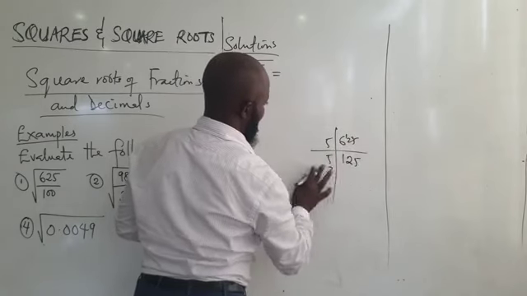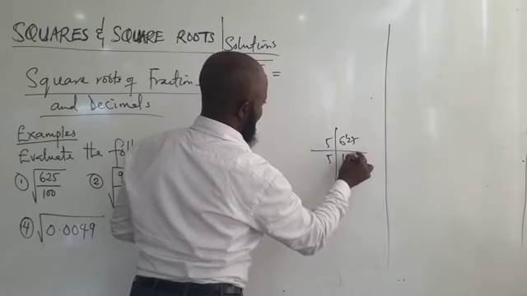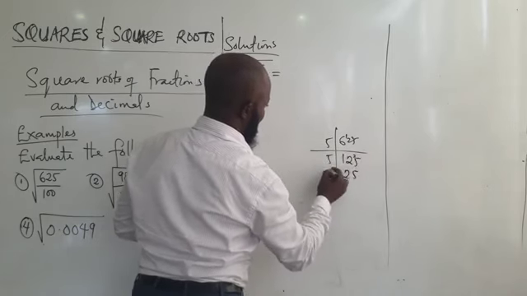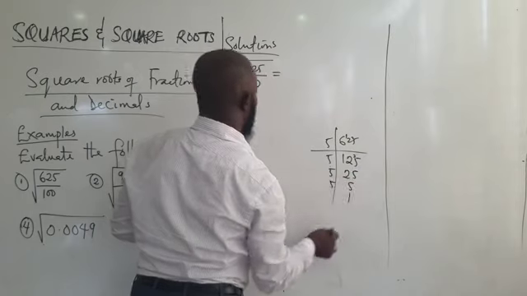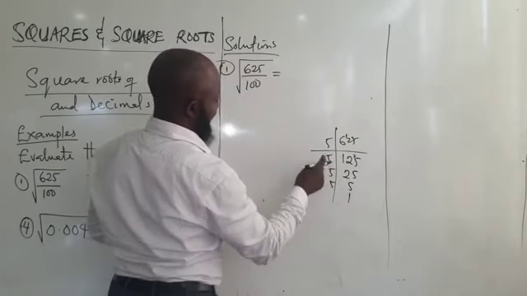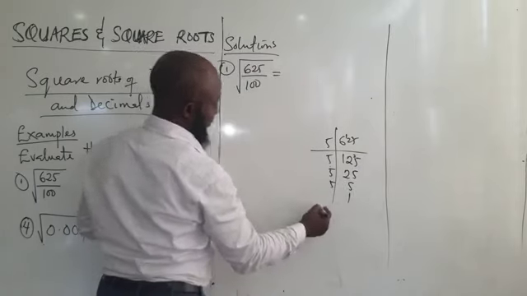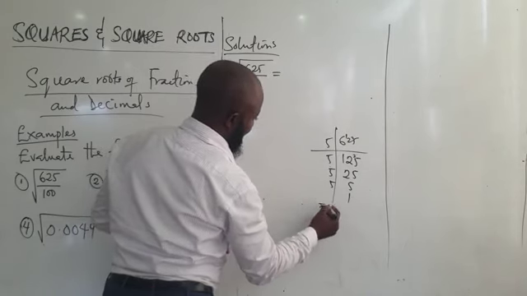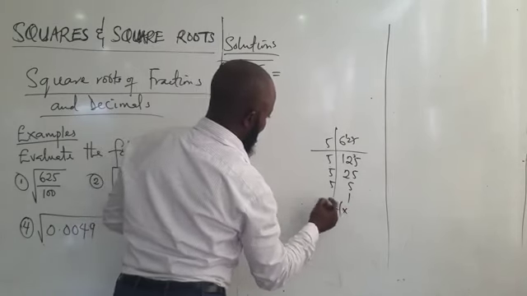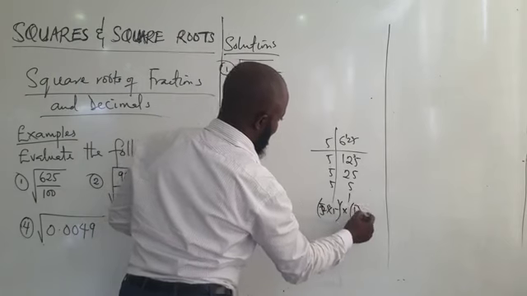Remainder 2, that is 5, 5 can go here, 2, remainder 2 in 25, 5 can go here, 5 can go here 1. So that means 25 times 25. So that means 25, 5 times 5 in brackets, then times 5 times 5.